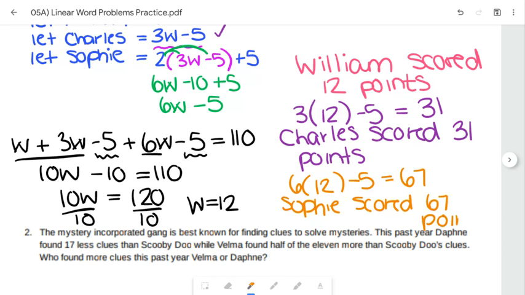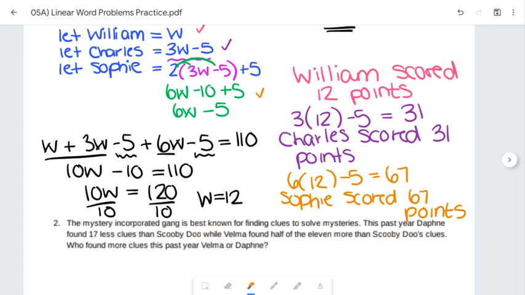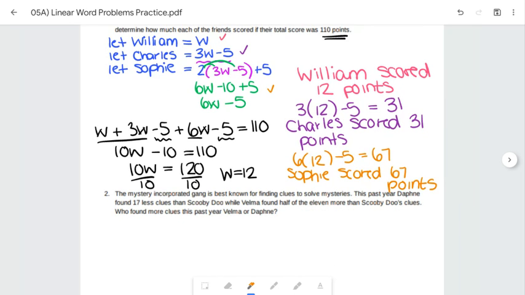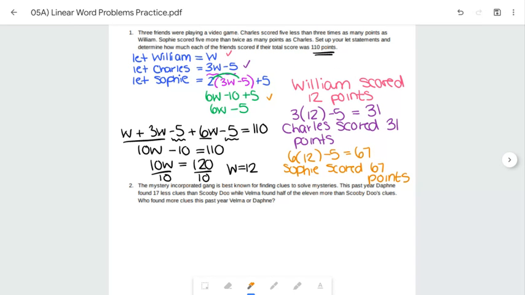So that's each of the 3 friends there. And we could double check. 12 plus 31 plus 67 does in fact add up to 110. Okay, so that was the first one.